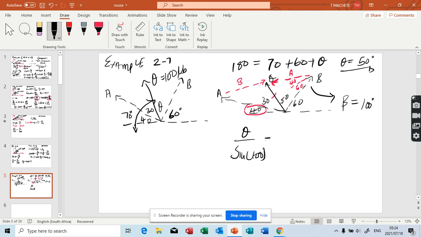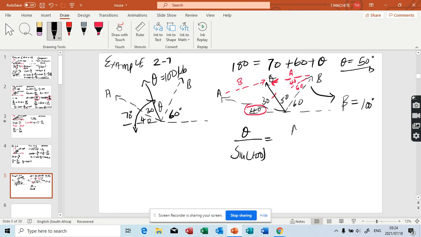But then I'm looking for the other side that you can find. Remember, in order for you to find the side, you check the angle that is opposite to that side. Because if you don't know the angle that is opposite to that side, you cannot find that side. So which other angle is known?